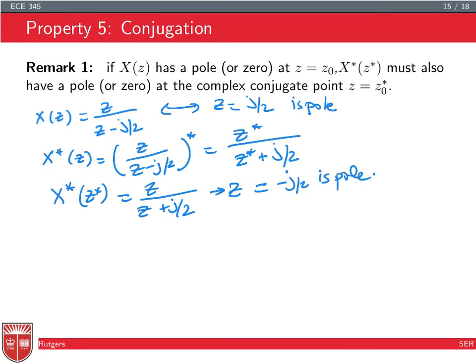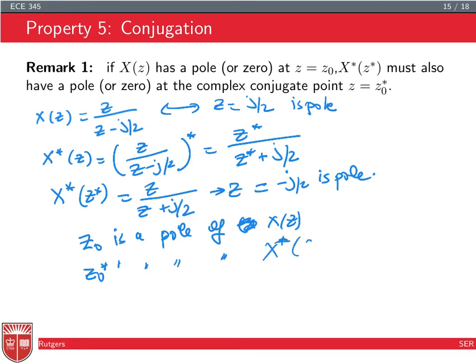So this is to say again that if z0 is a pole of X(z), then z0 star is a pole of X star of z star.